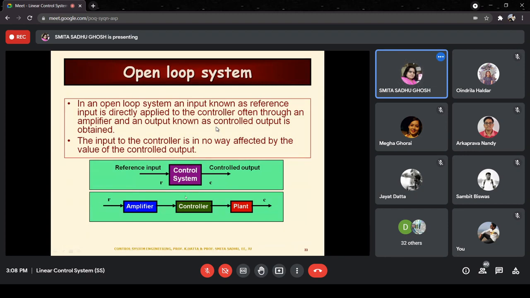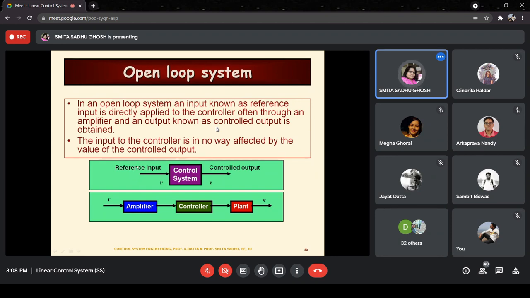In the second diagram, the control system block has not been shown as a single block. Rather, some of the components or parts that make up the control system are shown separately. So you can see the plant and the controller and the amplifier, which is shown separately over here.